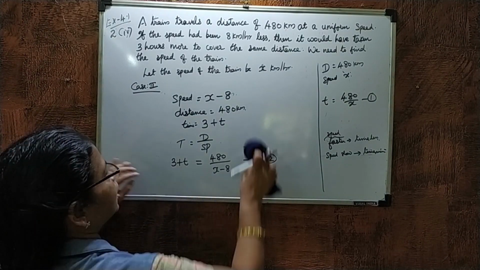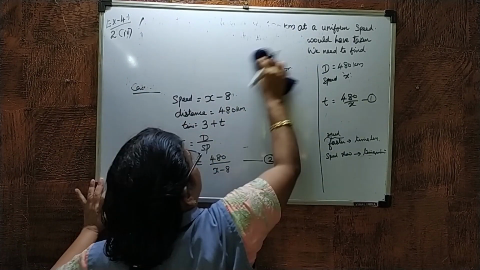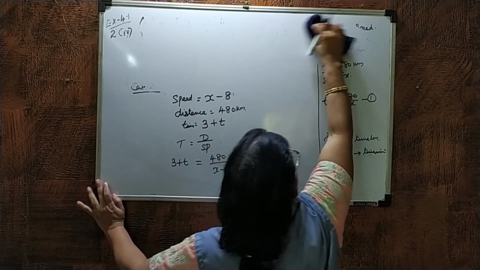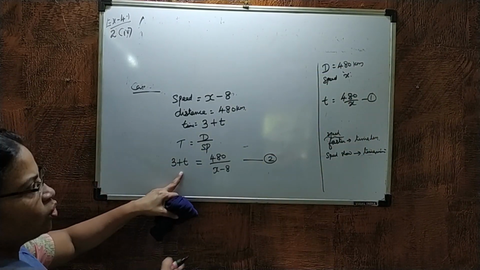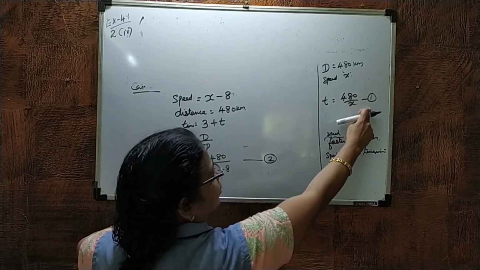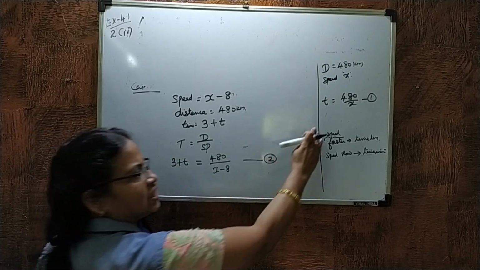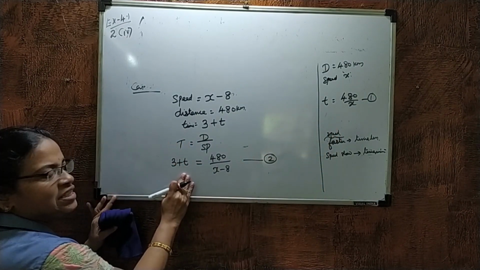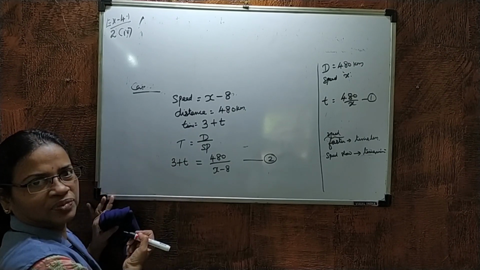Now remember this second equation also. Now we will start. In the second equation we will avoid this one variable. How will you avoid? Just look at the first equation. Here it is t is equal to 480 by x, the first equation. We will substitute this first equation in the second equation for removing this t. Clear?